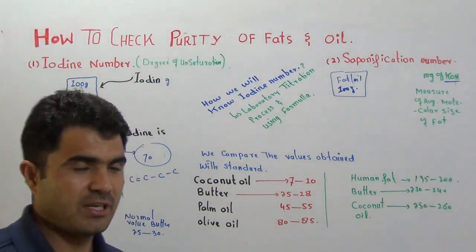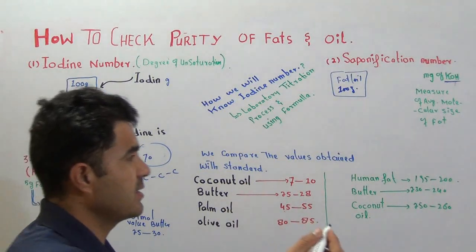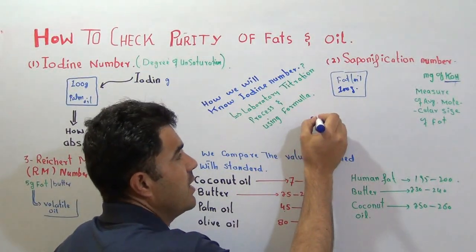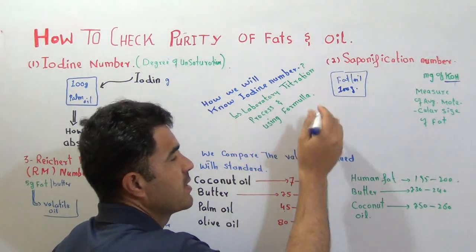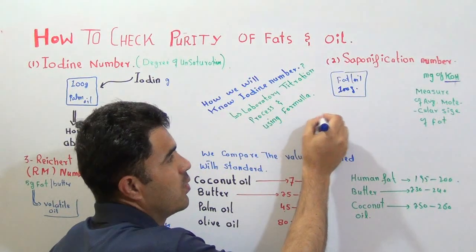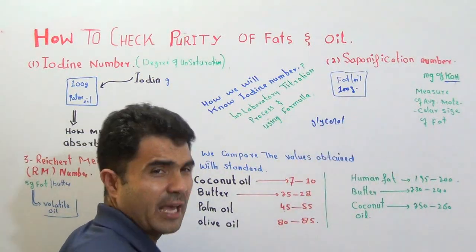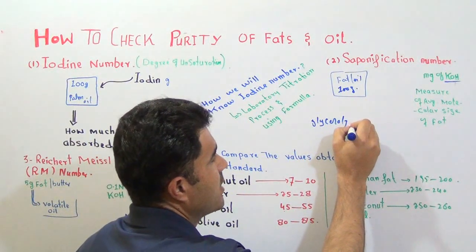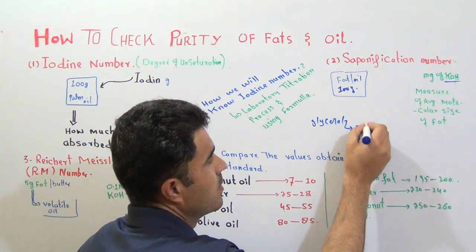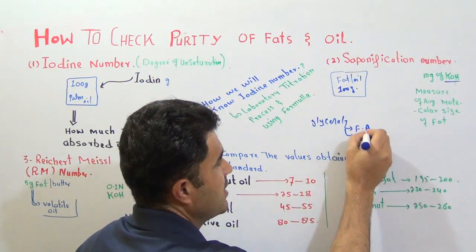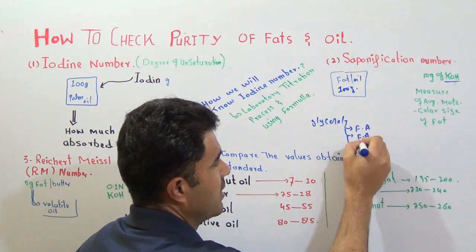What is saponification? Let me write something here. Saponification means that when we have a lipid, let's suppose we have glycerol, and glycerol is linked with a fatty acid, then another fatty acid, and another fatty acid.